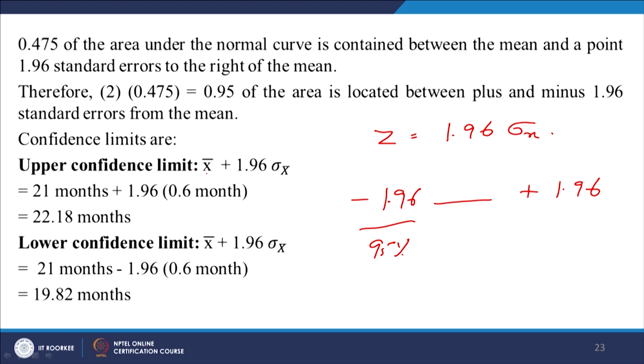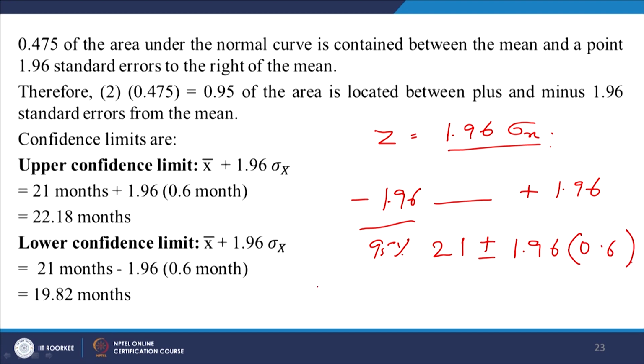Let us see this. x bar plus minus z sigma x bar. So x bar was the sample mean, which is 21 months, plus minus z, which is 1.96, into sigma x bar, which you have calculated as 0.6 months.